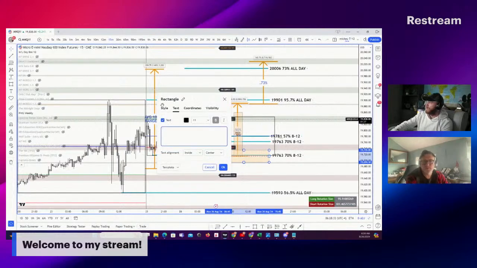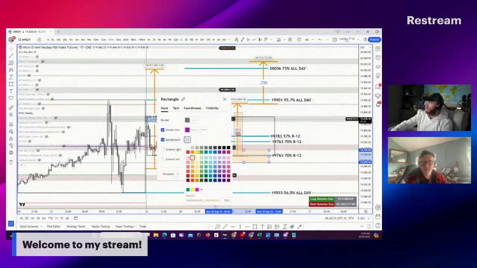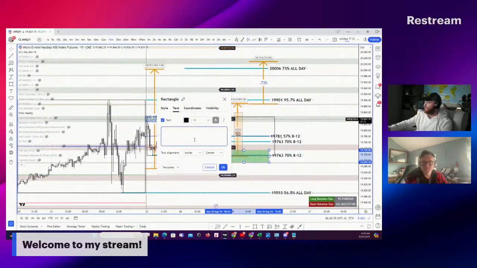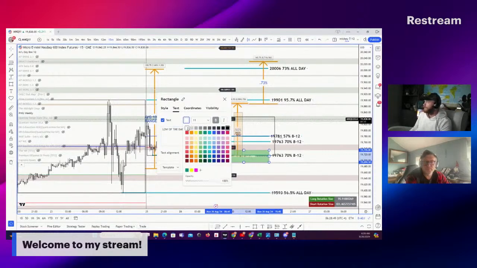So we can say that this is a good area to start a zone for us to look for the low of the day. And that's lined up with the average daily range and all the projections, low of the day zone. Let's make it white and big.